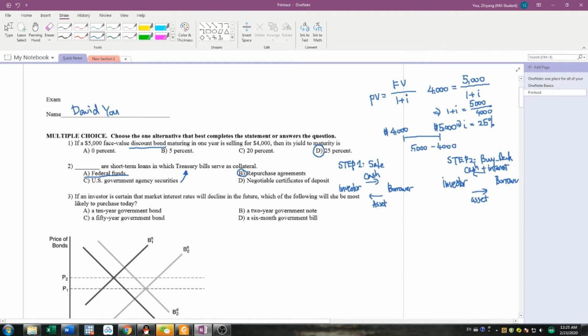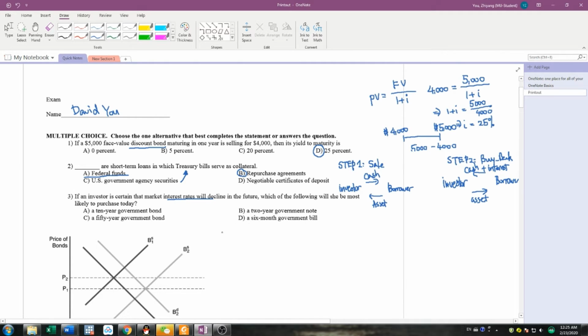And for C, if an investor is certain that market interest rate will decline in the future, which of the following will she be most likely to purchase today? Okay, so in the class and in the lab, we know that interest rate and price go in opposite directions, right?